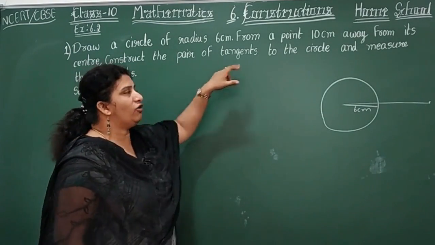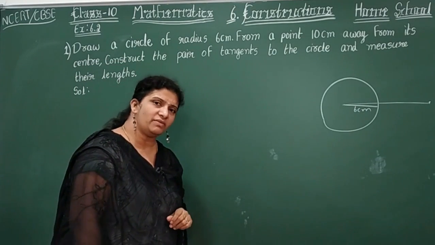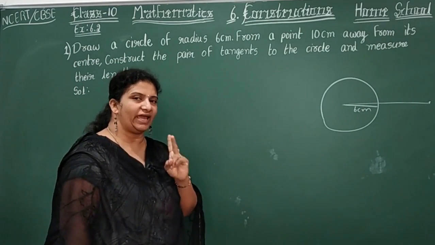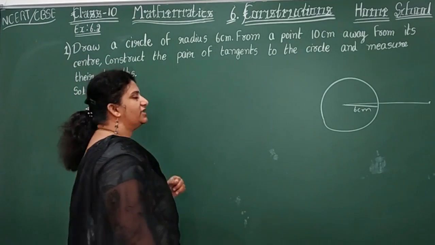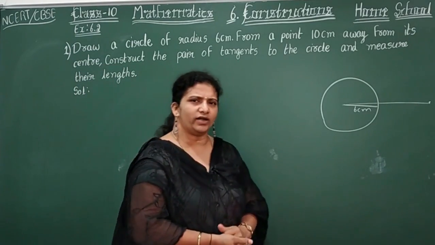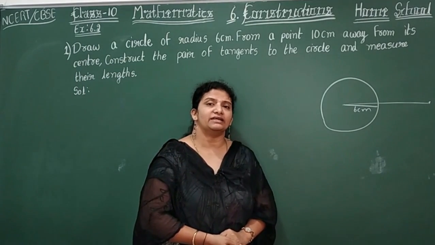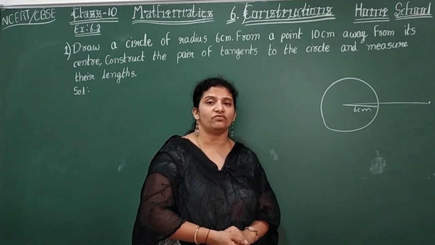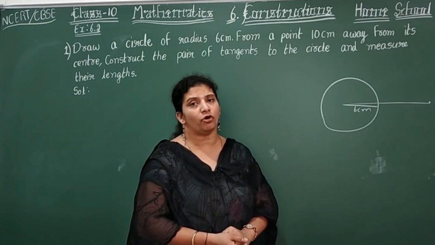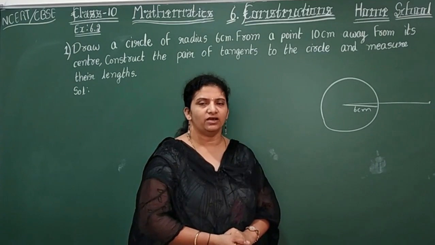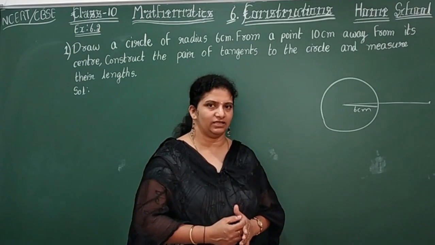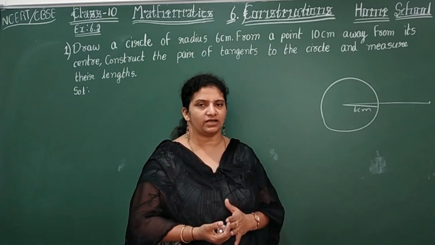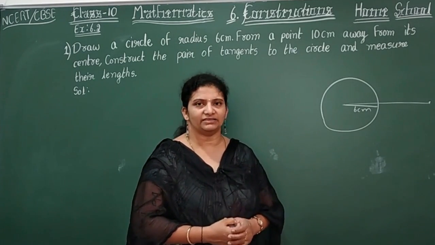Construct the pair of tangents. Pair means how many? Two. Pair of tangents to the circle and measure their lengths. By the way, what is a tangent, children? A tangent is a line which touches at one point of a circle. Maybe touching at the circumference of a circle, or one point of a circle is also called a tangent.